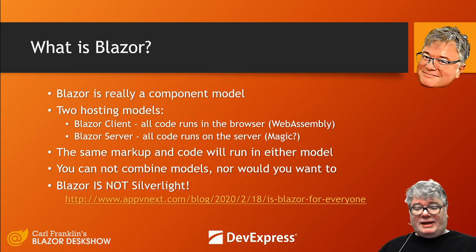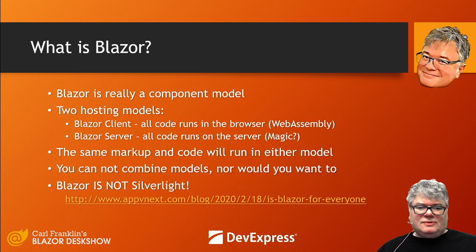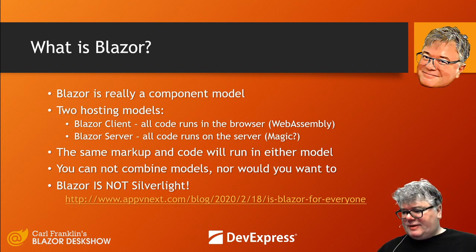People were writing compilers for it, and he said, you know what, there's no reason why we can't have C# in there too. And it just snowballed, and it became a product, and it became part of the .NET framework, .NET Core. But along the way, it was pretty obvious that Blazor was much more than just running C# code in the browser, that Blazor is a component model.